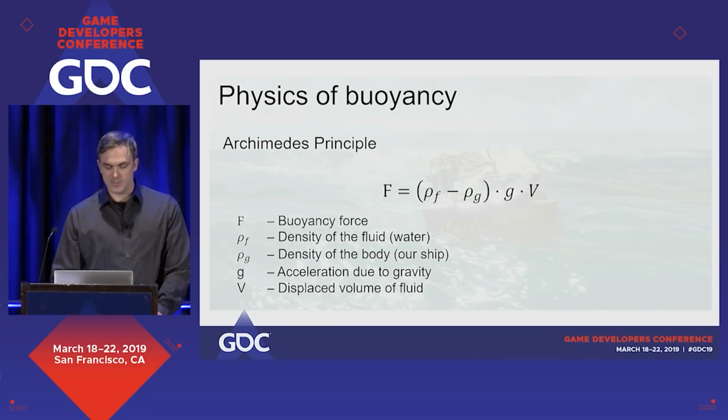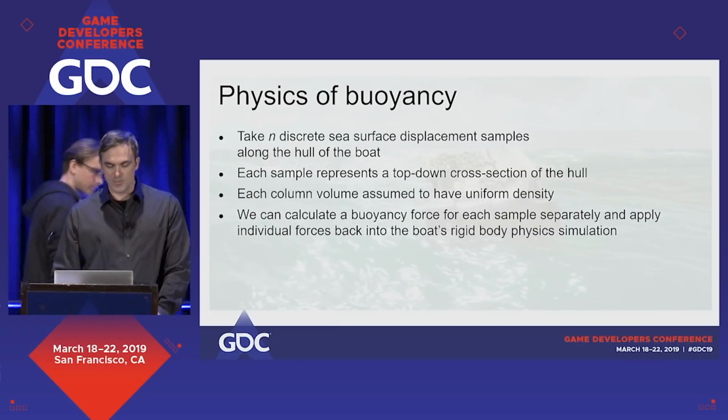Now if you notice in this formula here, the main unknown that we have here is displaced volume, or V. And with our complex ocean simulation, calculating that can be kind of complicated. So how might you approach it?